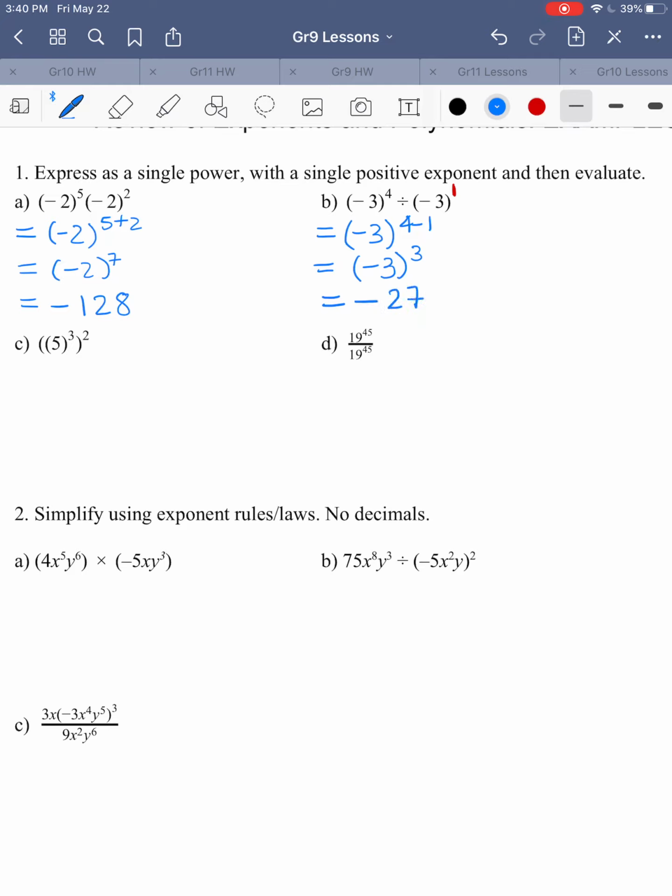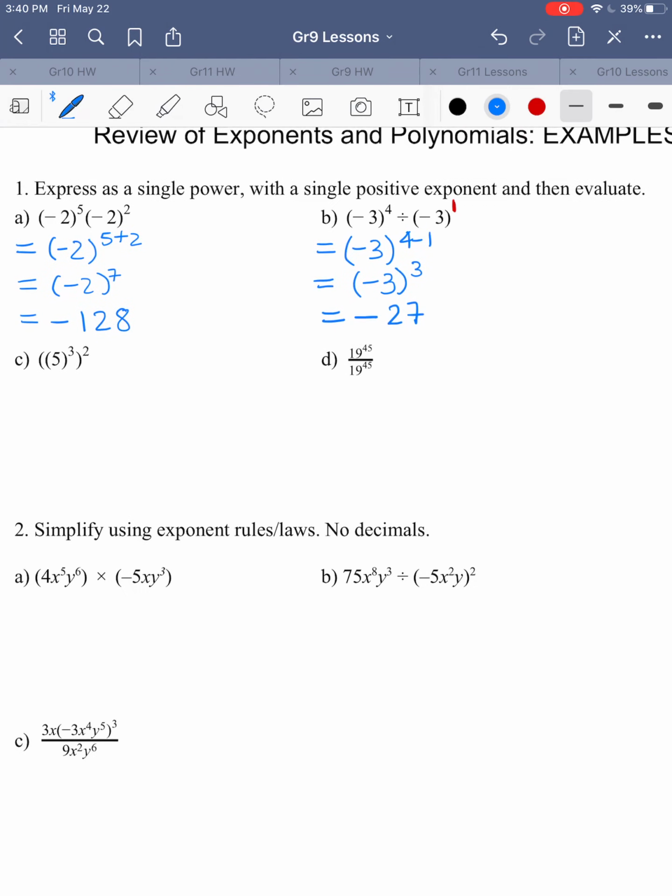Now notice for A and B, we had negative numbers with brackets around them. That is because we want to make sure that the entire negative number is raised to the exponent. So for example, if we have negative 2 in brackets to the power of 2, that is going to be negative 2 times negative 2, which gives us positive 4.